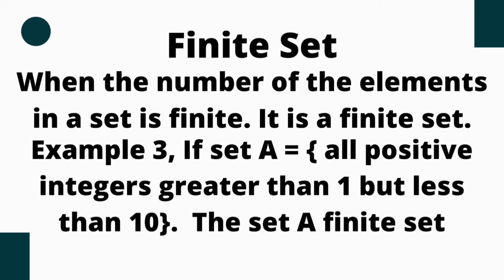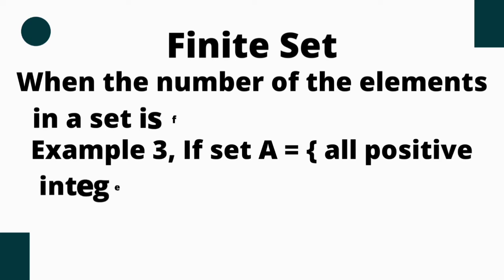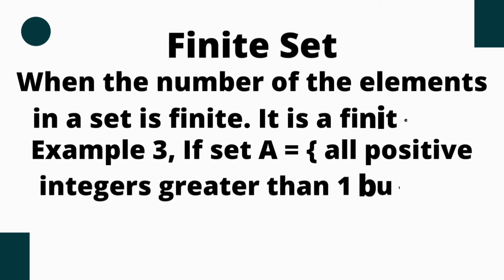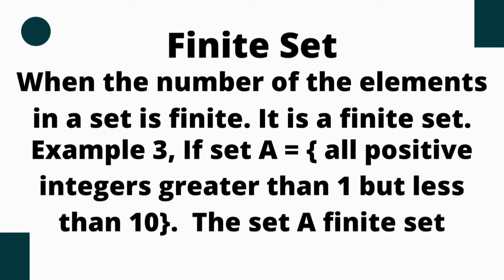Also note that it is called a finite set because the end of the number is defined. You are looking for all positive integers greater than 1 but less than 10. So it means the end of the number is defined.